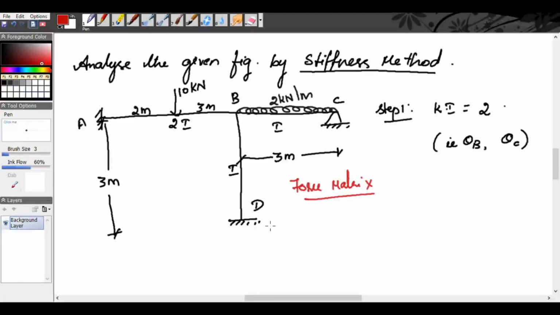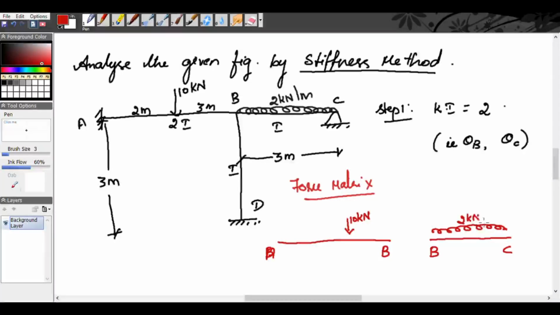In BD we don't have any external loads. So for AB and BC we have end moments. Here there is a 10 kilonewton load, and in BC we have the 2 kilonewton per meter load.